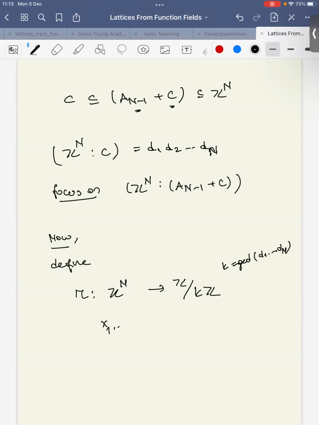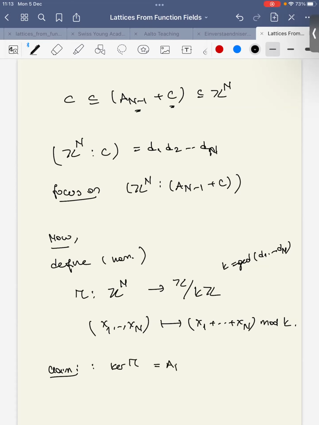We define this homomorphism by mapping the integer tuples to the sum of the coordinates modulo k. So this is a group homomorphism, and you can easily verify that. Claim one: the kernel of this map is equal to A_{n-1} + C.